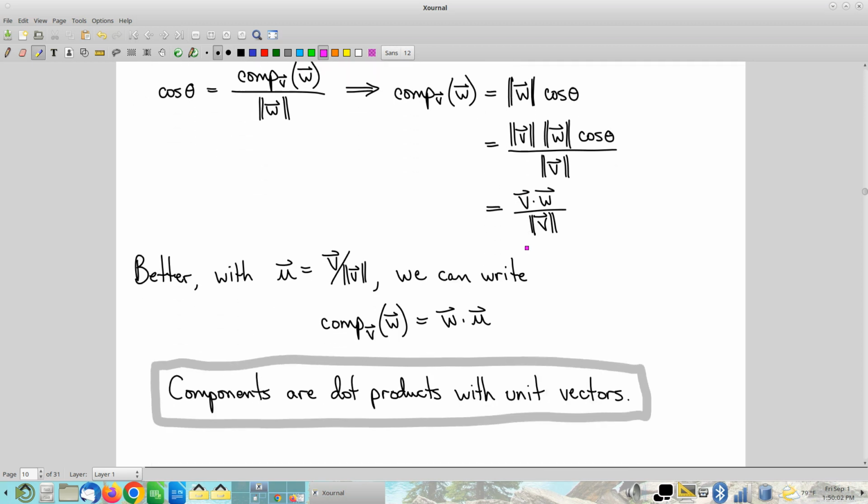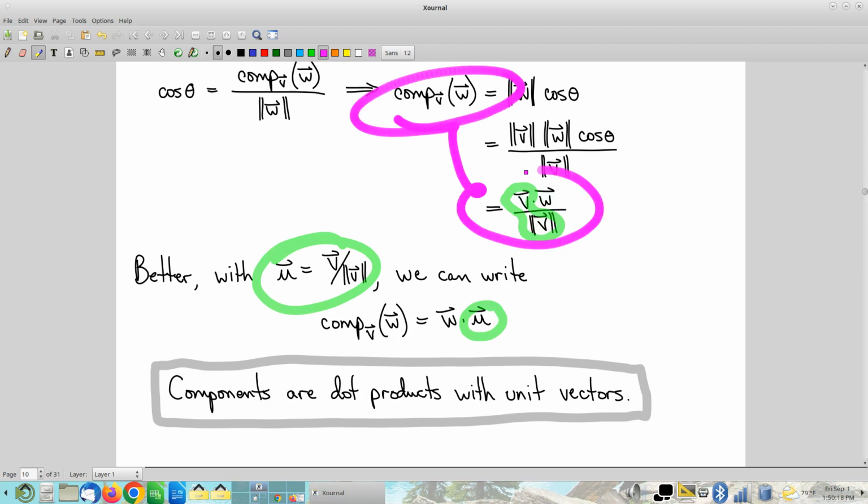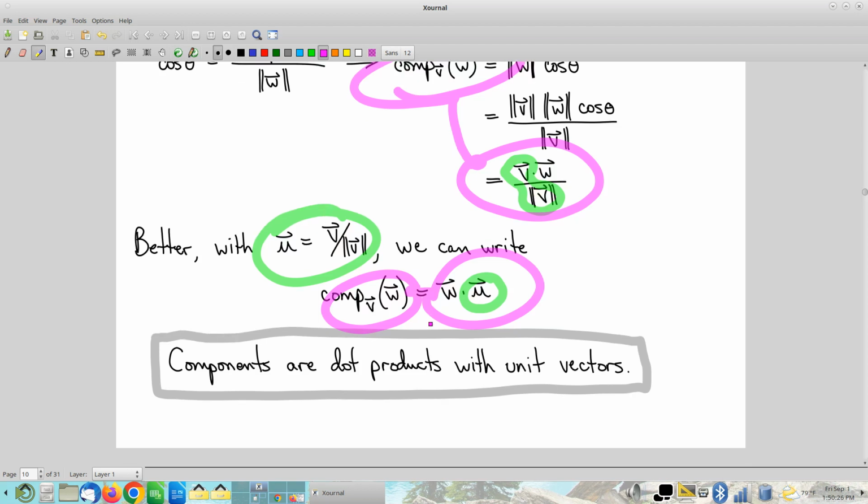Now there's an even handier version, in my opinion, and that is to notice that right here I've got v divided by the magnitude of v. That's a unit vector. So I can rewrite this expression as that. And this leads to what I think is the most convenient formula to remember for a component.